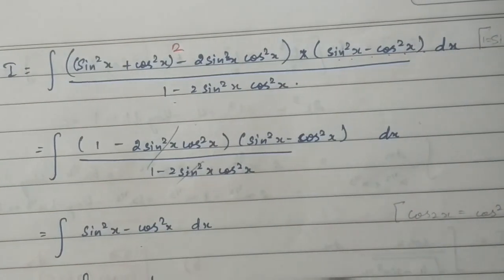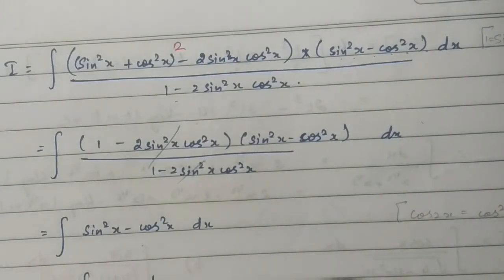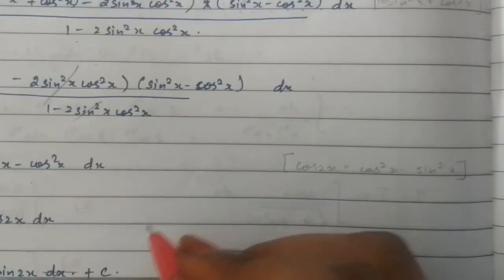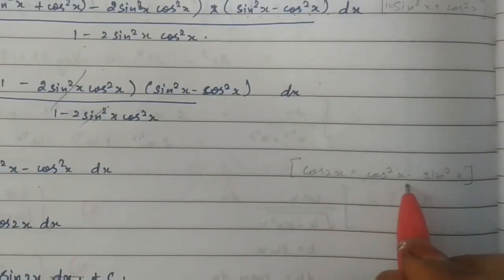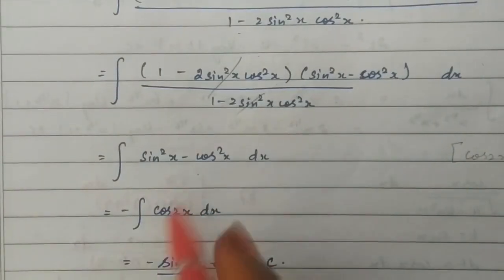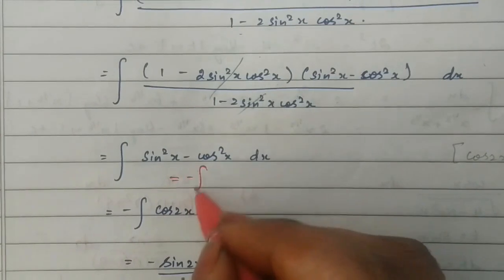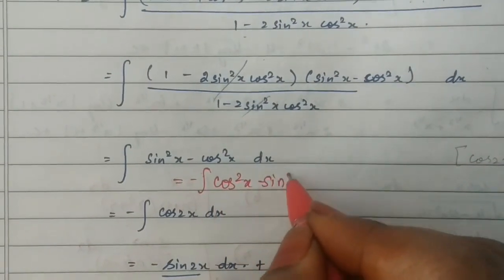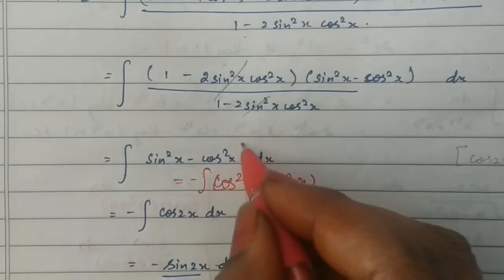Here you can separate the integral and write, but that is a big procedure. Here what you can do is you know the formula of cos 2x. Cos 2x is nothing but cos squared x minus sin squared x. Therefore in this integral you can take the minus sign outside. When you take the minus sign outside, you will get (cos squared x minus sin squared x) into dx. Whenever you are writing two terms, write within the bracket.